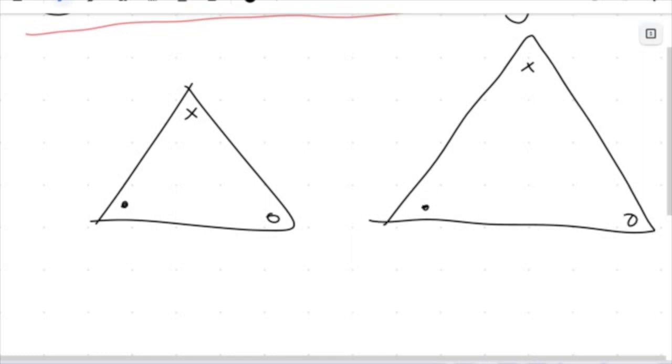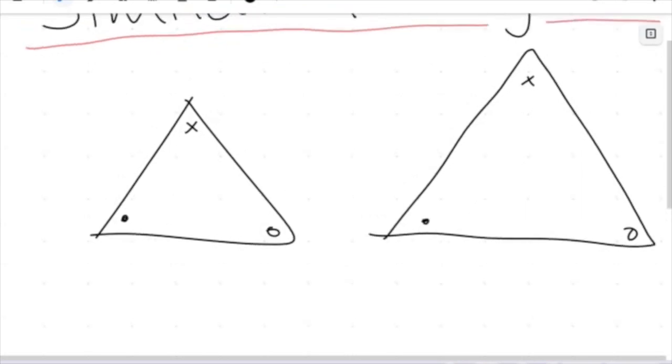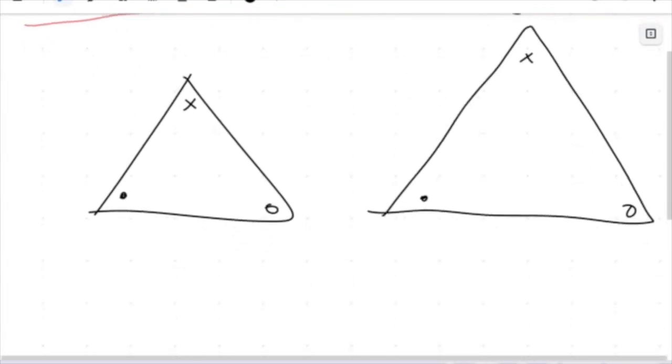Because remember, the proportions and how it looks generally is preserved. It's just made bigger or smaller when we look at similarity. And all of the sides have to have some kind of scale factor that's applied to each.